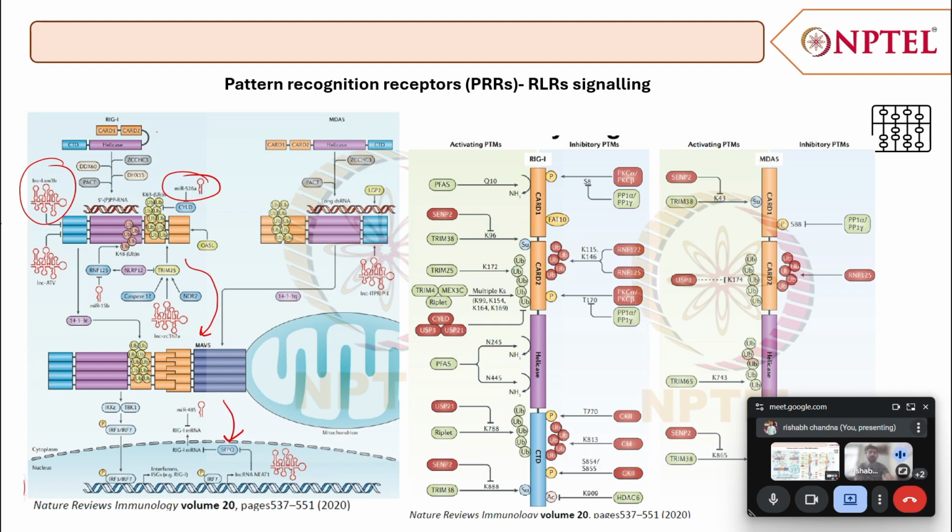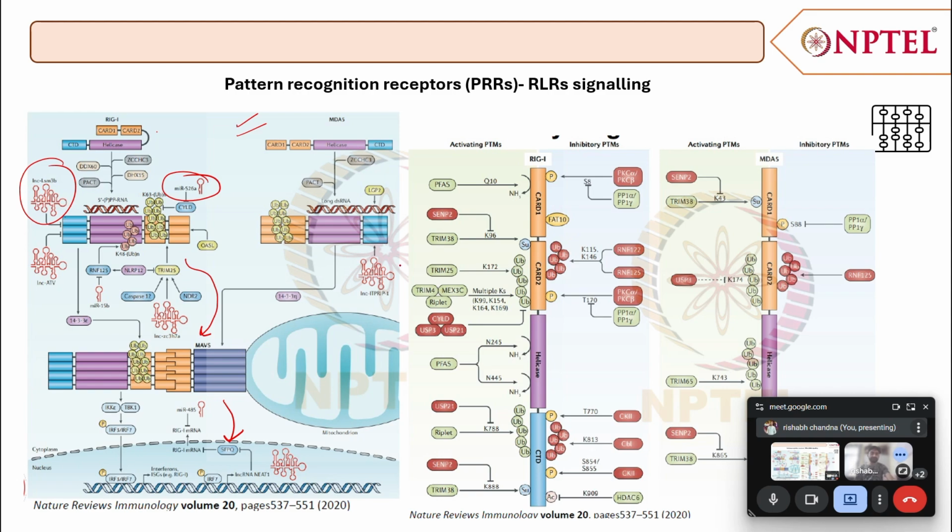Okay, so I'm not going into that much detail because that will be too much knowledge for now. But these kinds of regulations take place inside the body, so that the immune response is limited to a certain extent only. Okay, the same thing happens with the post translation modifications that can be activating as well as inhibitory in terms of the immune response.